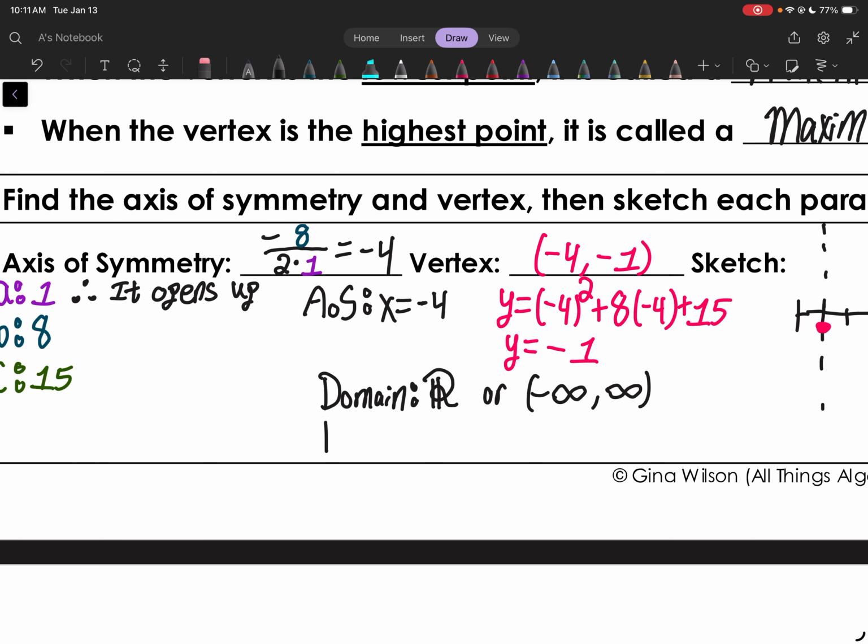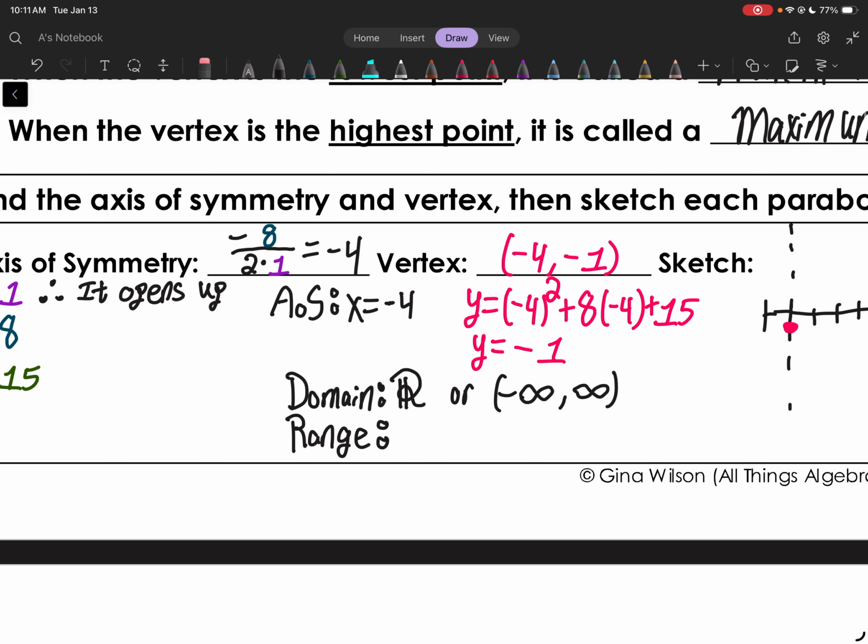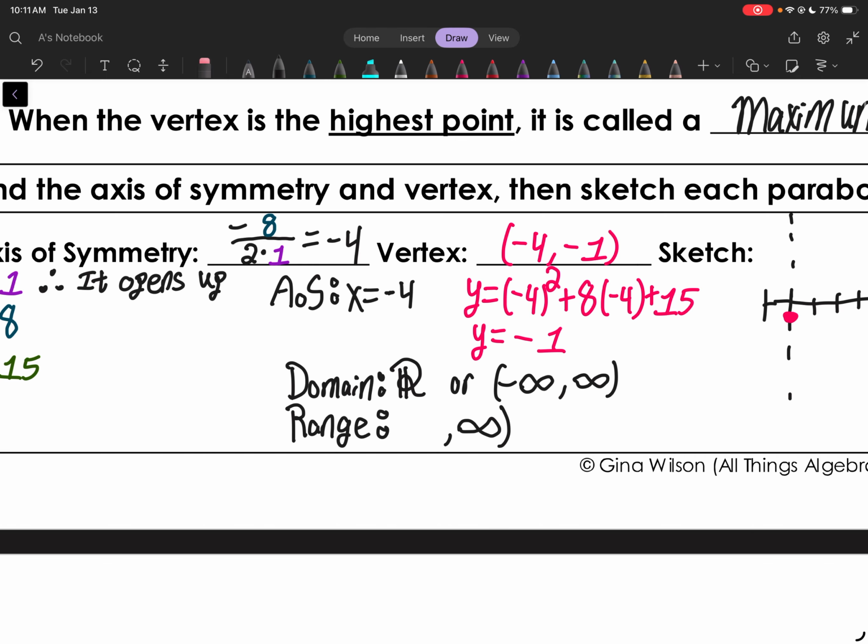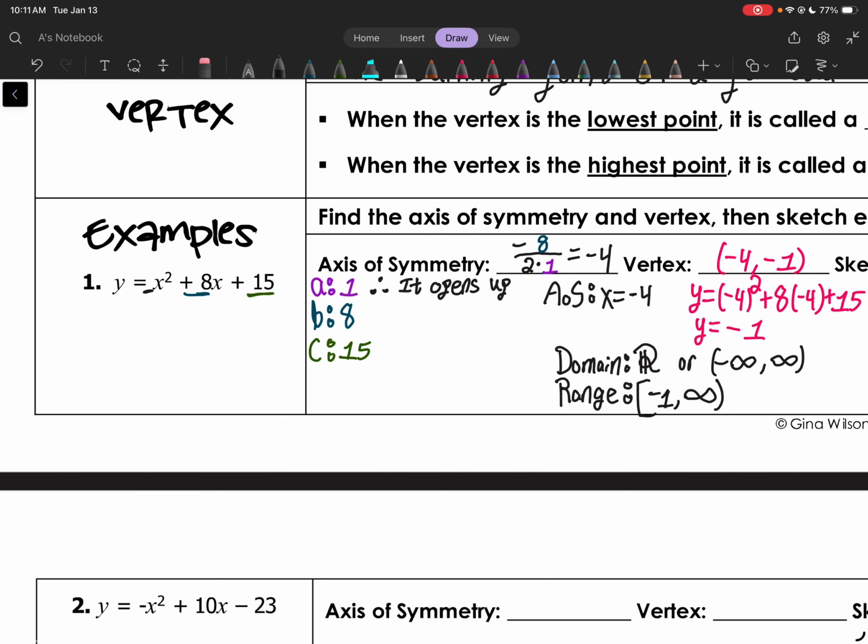My range for this function: first, I know that it opens up, so it's going to end at infinity. I need the y-coordinate of my vertex, the negative 1. I will put a square bracket because I do touch negative 1. That one is finished.